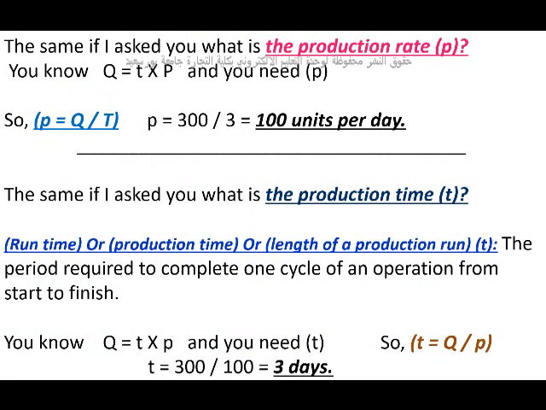Same if I ask you what the production rate is. Production rate will be quantity over T. So quantity 300 over 3 will be 100 units per day. The same if we ask you to get T, T equals Q over P.